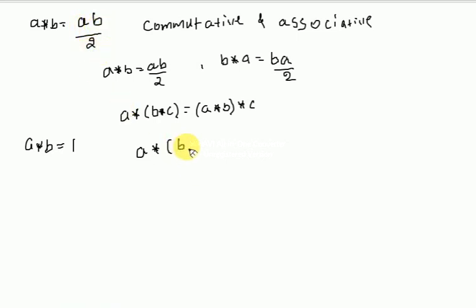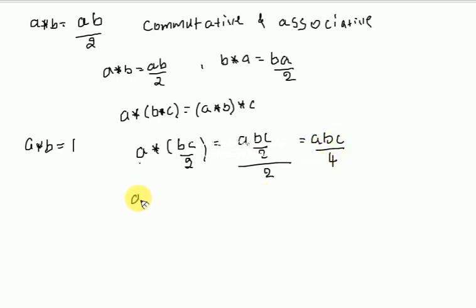Here the first element is b, the second element is c, so divided by 2 we get bc by 2. Now the first element is a, the second element is bc by 2. So it will be a into bc divided by 2 whole divided by 2. Therefore this is equal to abc divided by 4.